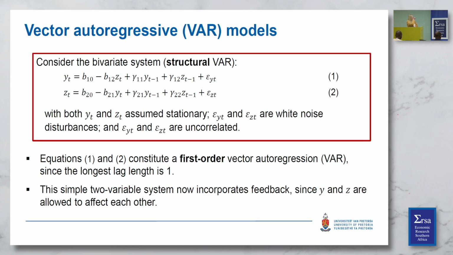So that is where we start. The bivariate system of a structural VAR, if we keep it simple and just use 2 variables and 1 lag on each variable. Both of these, you can see, are assumed stationary.